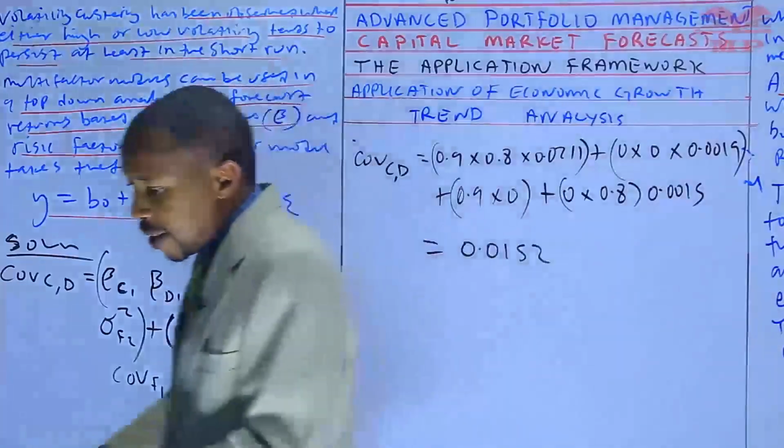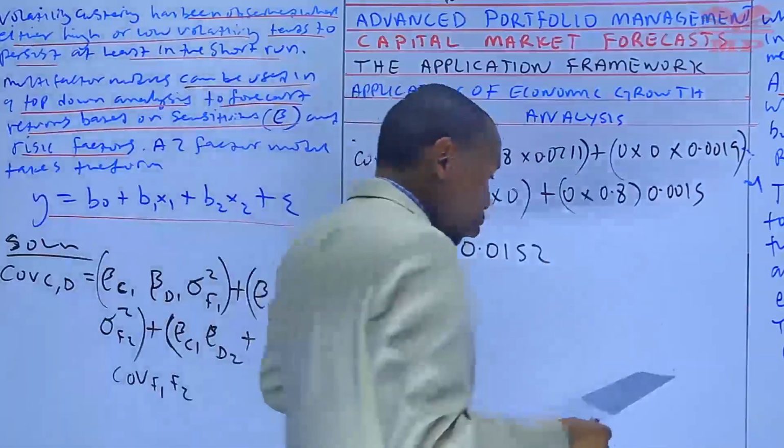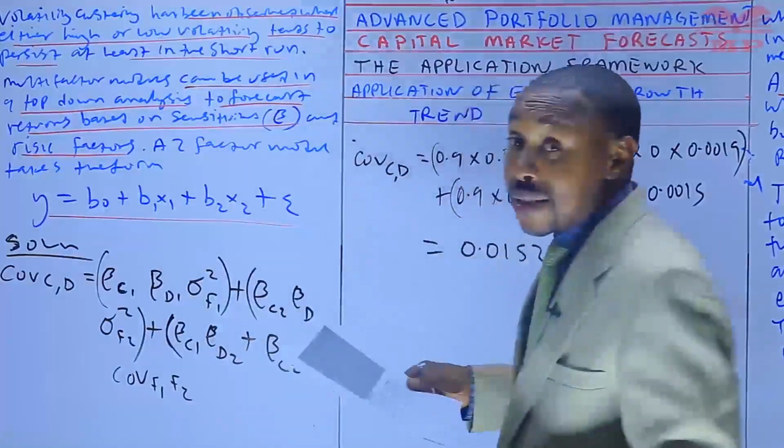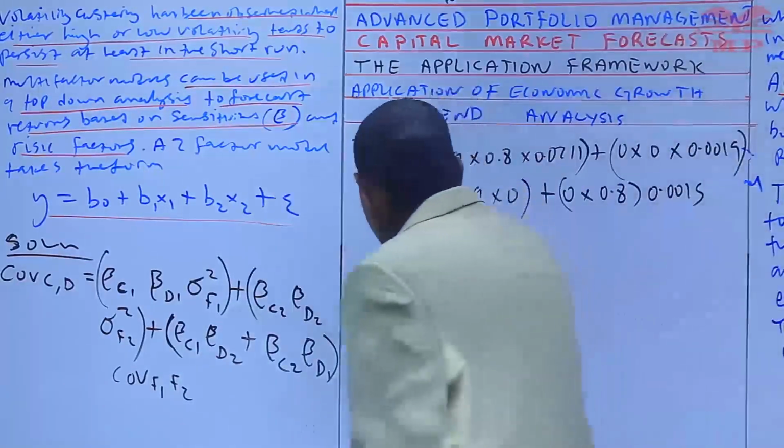Once we've gotten that, we can proceed to estimate the variance for market C. How do we estimate the variance for market C?